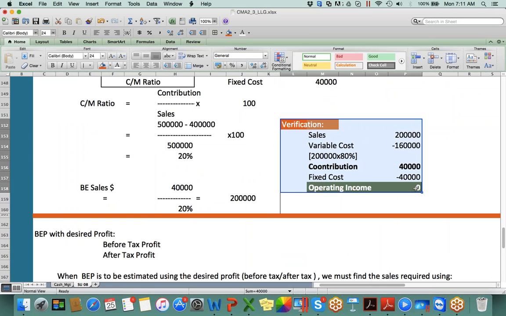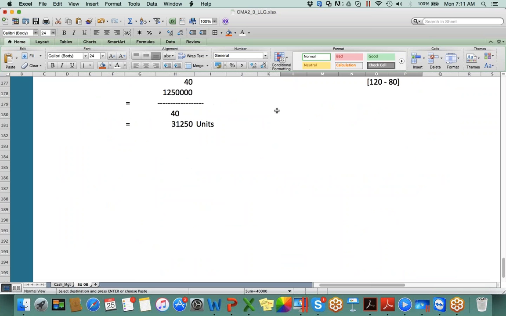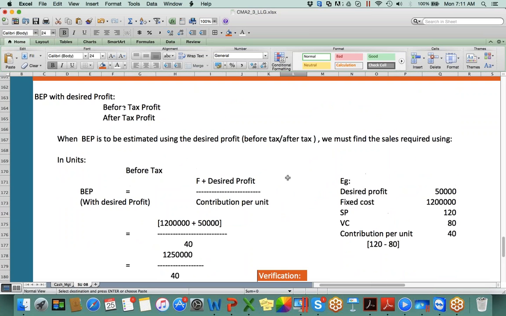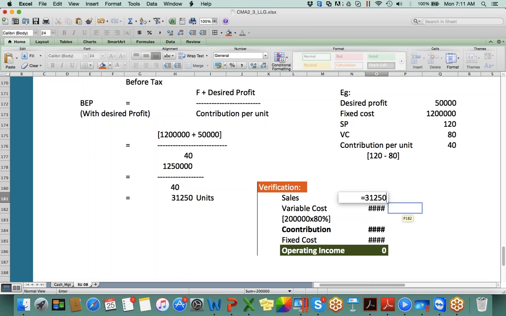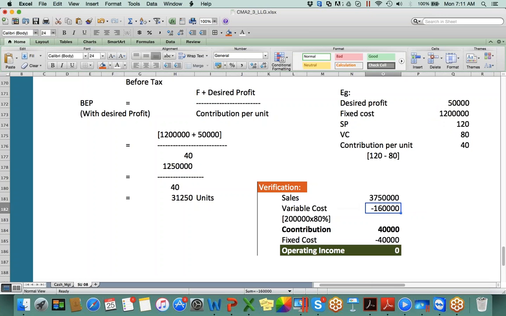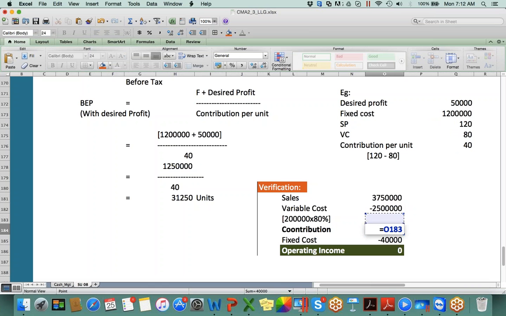What is the profit? Profit you wanted 50,000, right? Now let us see. What is the sale here? 31,250 times the selling price 120, 3,750,000, minus the number of units you sold 31,250 times the variable cost, 80, will give you a contribution of this much.